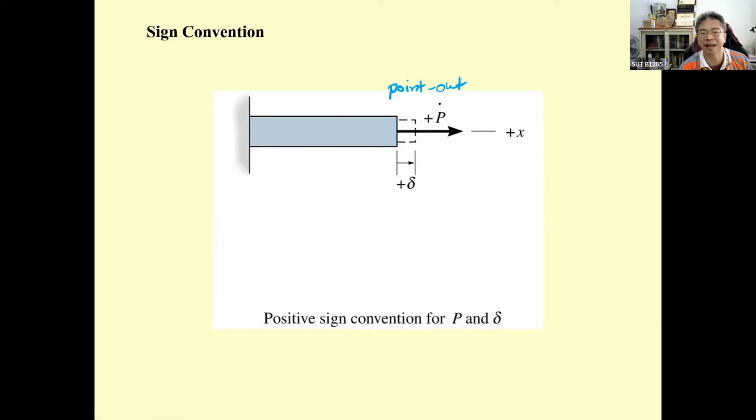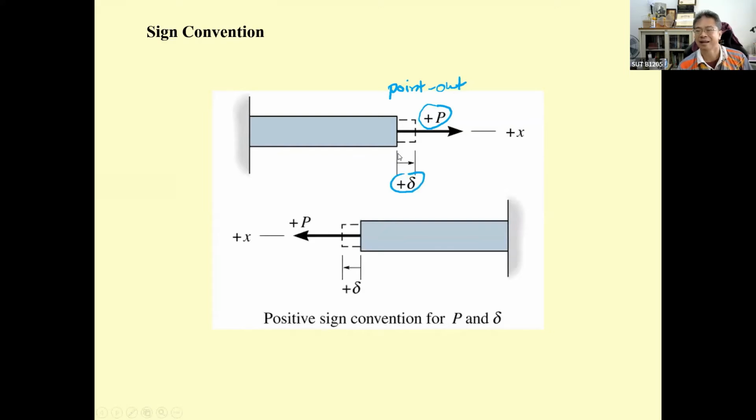And the tension is going to be positive. That force is going to produce positive deformation also. And again, it can point out to the right and it can point out to the left. All of them are positive.